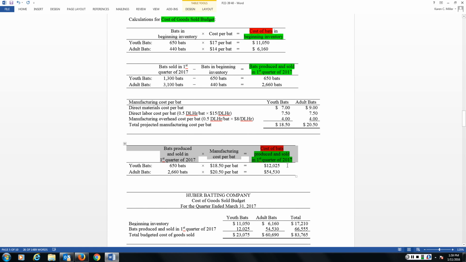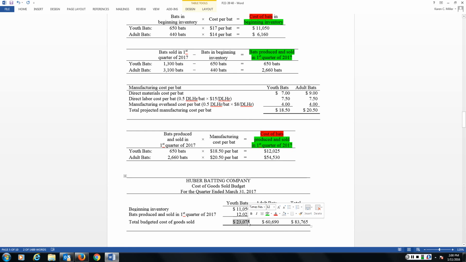The $12,025 pulls here, the $5,430 pulls here, and I can calculate the total cost back up here. I can calculate the total cost of youth bats sold, the total cost of adult bats sold, the total cost that needs to move into cost of goods sold on my income statement for the budgeted income statement.